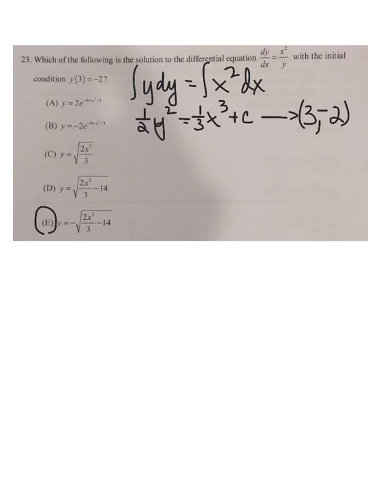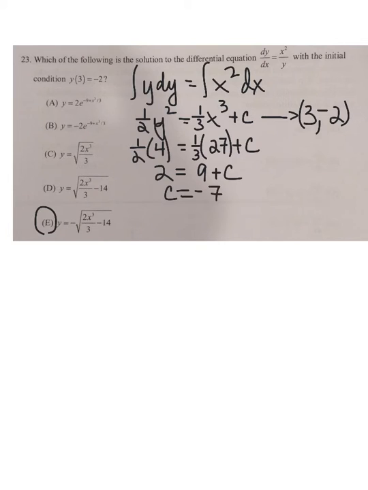So when I plug in -2 on the left-hand side, that's 1/2 of 4 equals 1/3 of, what is that, 27, plus c. So that's going to give me 2 equals 9 plus c. So I know that c is equal to -7.